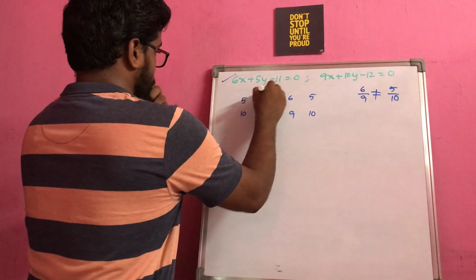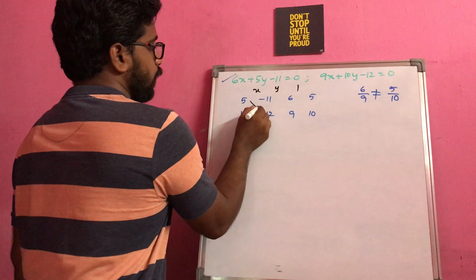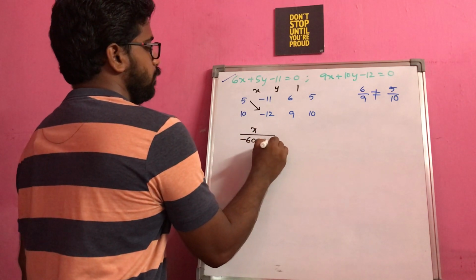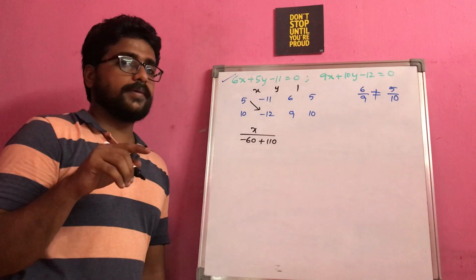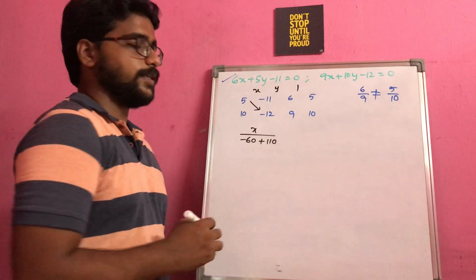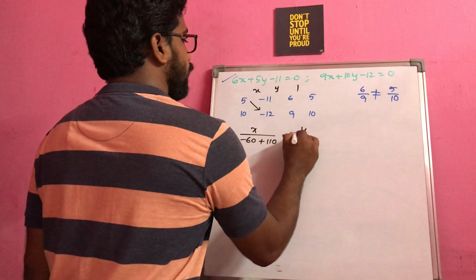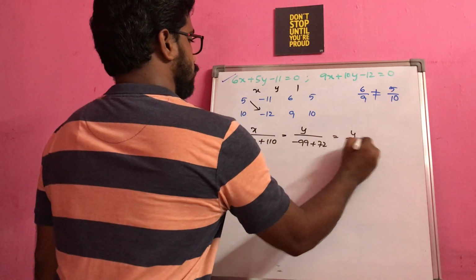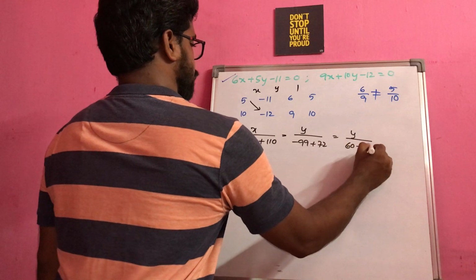This is x, this is y, this is 1 from top to the bottom. x by minus 60 plus 110, because in between minus will be there. Minus of minus 110 is plus 110. So this is equal to y divided by minus 99 plus 72, is equal to 1 divided by 60 minus 45.